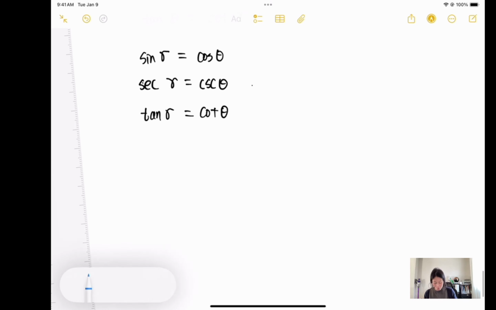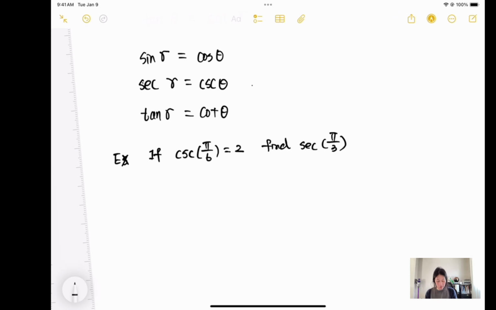Okay, so for example, if cosecant pi over 6 is equal to 2, what will be the secant of pi over 3? Well, first we know that cosecant and secant are cofunctions, and pi over 6 plus pi over 3 is equal to pi over 2.